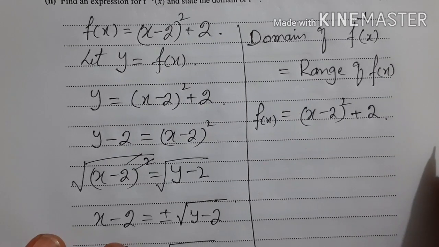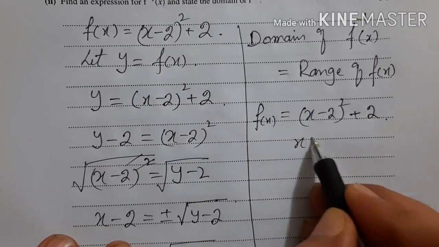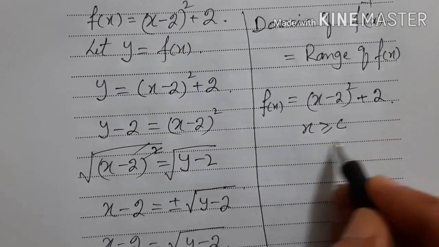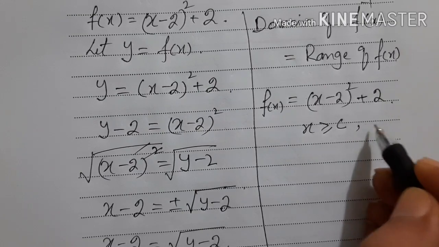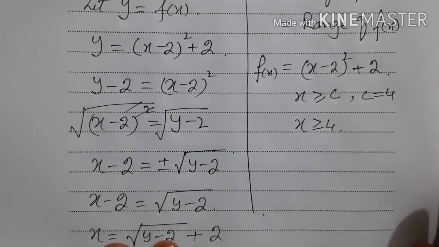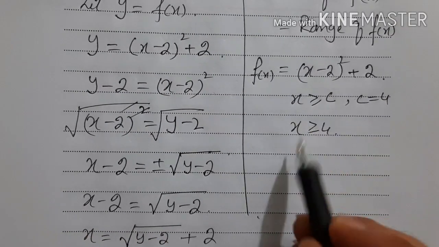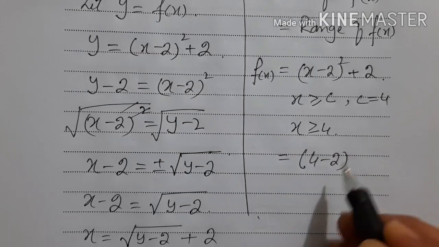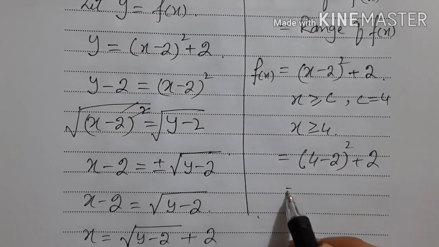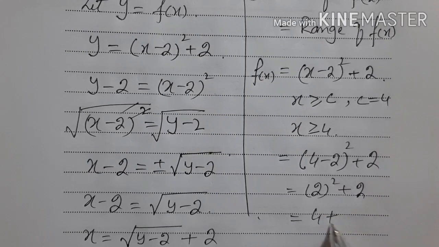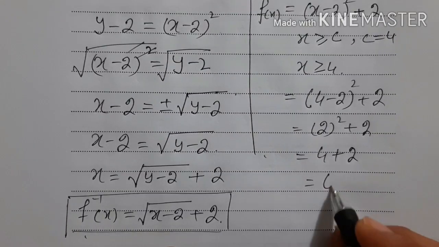Now, because x is greater than or equal to c here, but c is 4, it means x is greater than or equal to 4 here. So put 4 here, the minimum value, that will give us (4 minus 2) whole square plus 2, that is 2 square plus 2, 4 plus 2, which is 6.